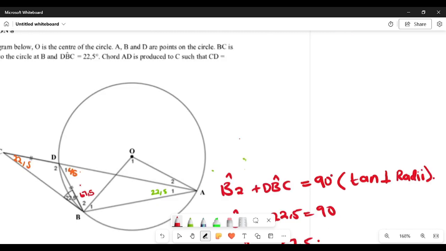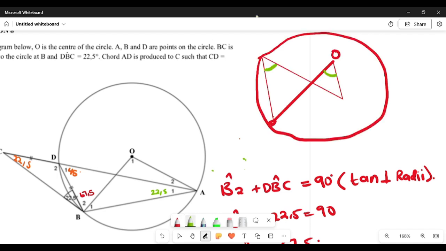So let me just do this. Okay, let's say this touches the circumference, but let's say this is your center. So here, in accordance with this theorem, this angle at center is going to be 2 times this angle at circumference. So it's similar to your angles in the same segment. Here, as you can see, we have O1, which is in the center. This is going to be 2 times the angle at circumference, which is D1. Remember, this angle needs to be at the center and this needs to be at the circumference of the circle for this to be applicable.